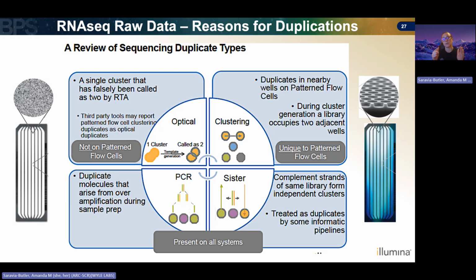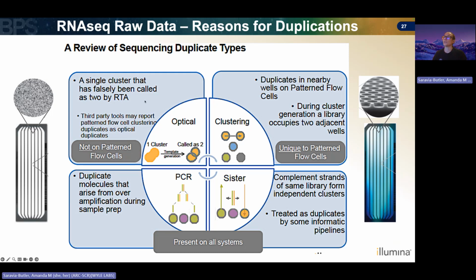But if your target sequence has the same sequence as another sequence, and both of those sequences also have identical UMIs, that means that that is a technical duplicate and you can go ahead and remove it.